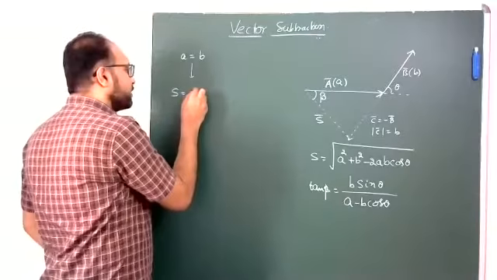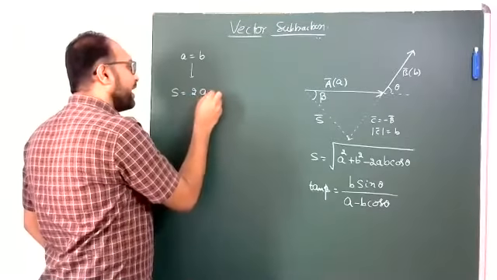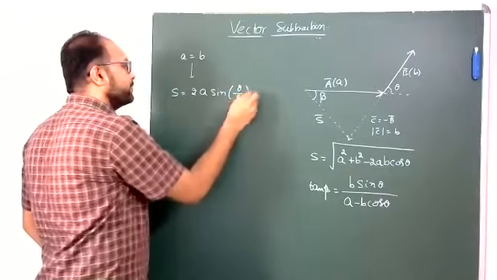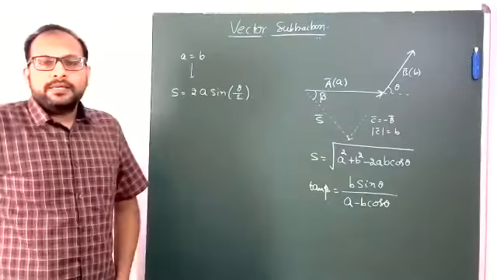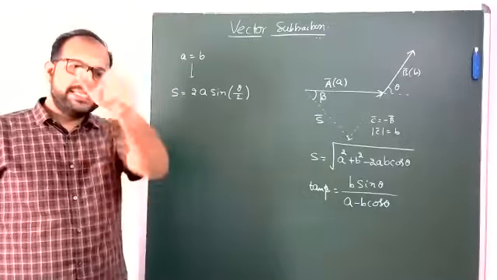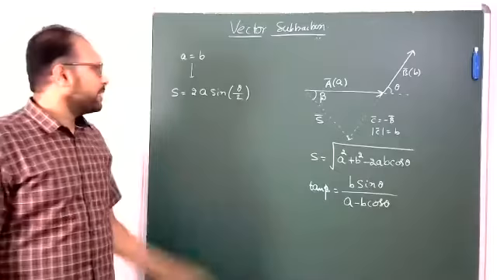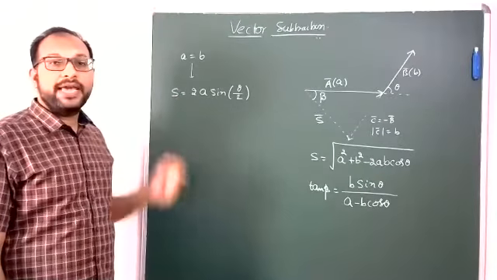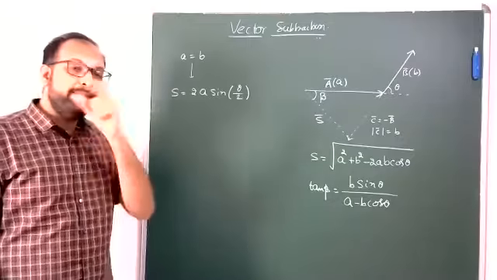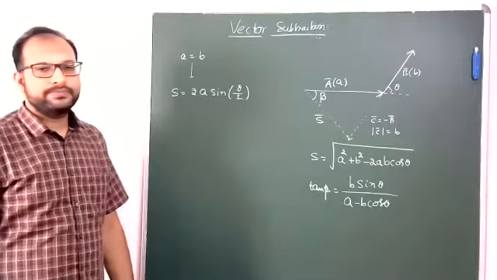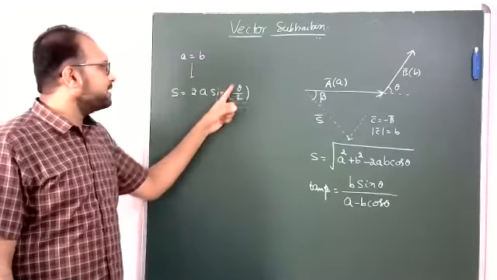That's why the answer is S equals 2A sin theta by 2. Suppose A equals B, that is two vectors having the same magnitude, then the subtraction vector S bar equal to A bar minus B bar has a magnitude of 2A sin theta by 2.